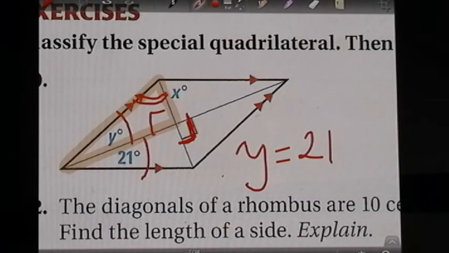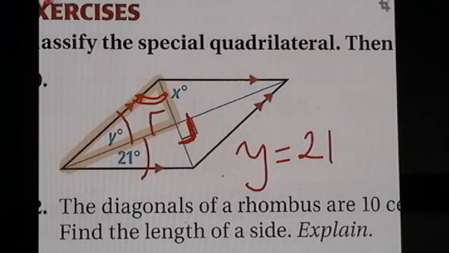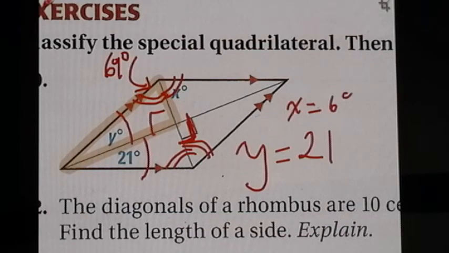So 90 plus 21 is 111, and subtract from 180, and you get that this angle is 69. Well, remember that in a rhombus, the angles are bisected by the diagonals. So you know that this is also congruent. That makes x 69. And it is a rhombus. Remember, we knew it was a rhombus from just looking at it because it had perpendicular diagonals.